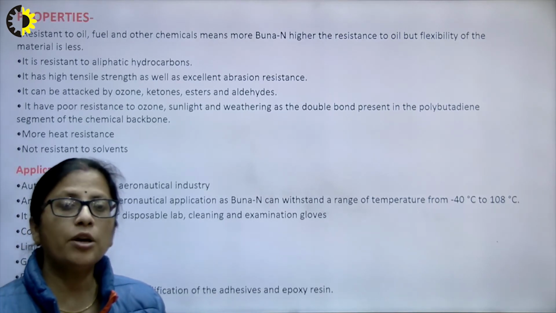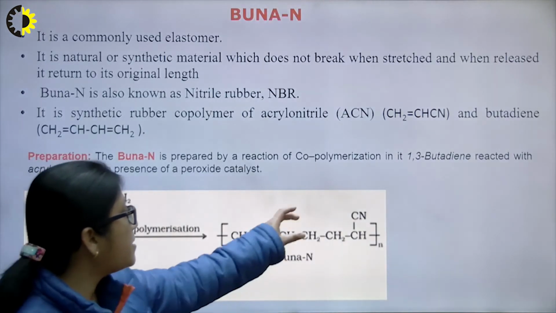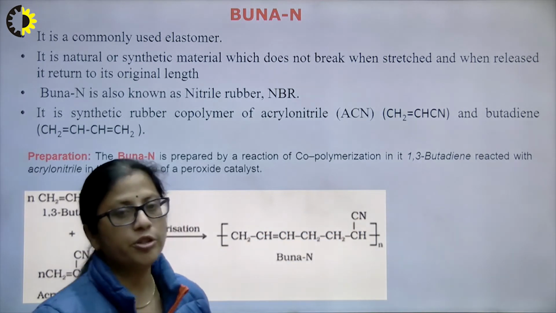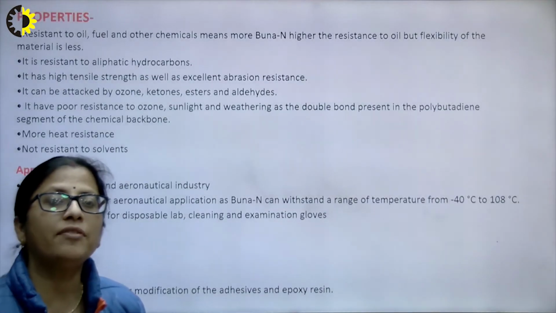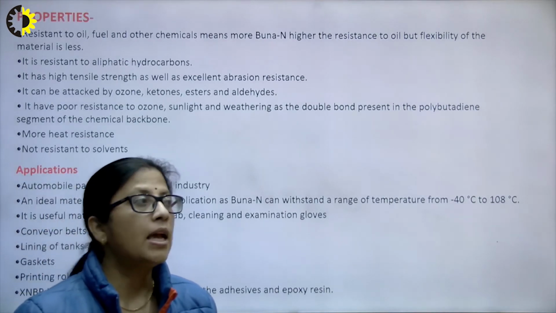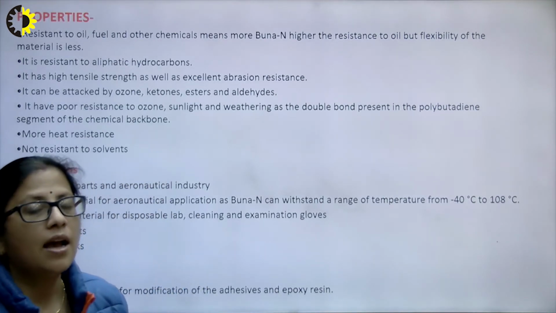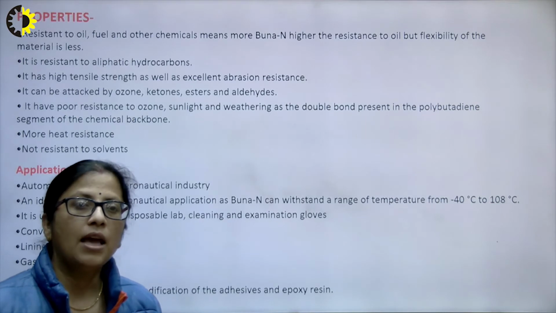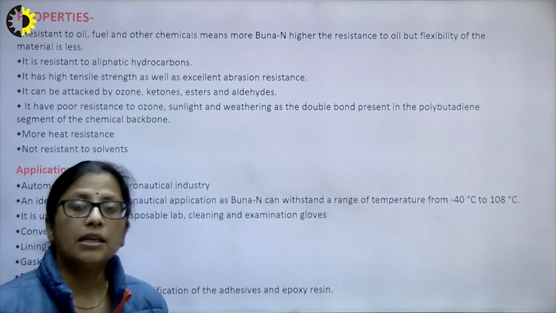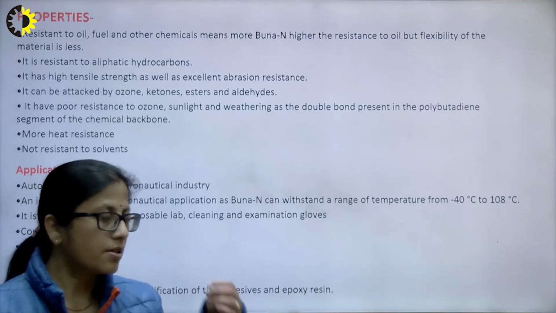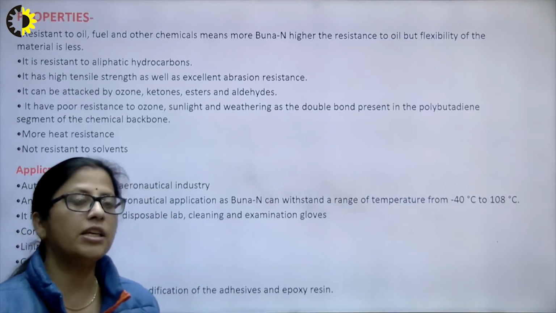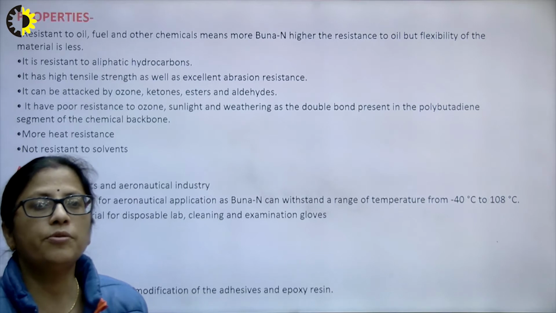We have a polar group. You can see here this CN is a polar group which is present. Therefore, this Buna N is resistant to aliphatic hydrocarbons. Buna N possesses high tensile strength and also excellent abrasion resistance. The surface does not wither off easily, so it is abrasion resistant.